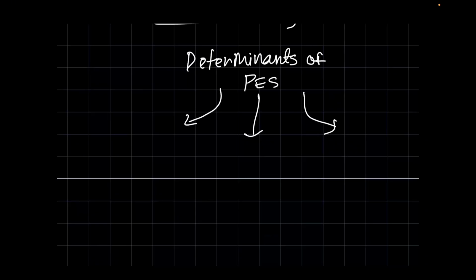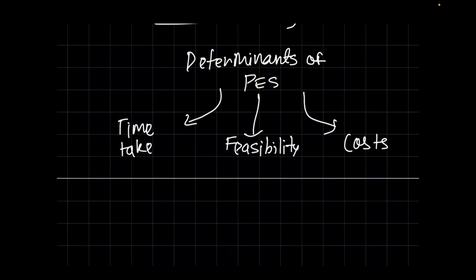You look at the time taken to produce the good. You look at the costs of producing the good. And you look at the feasibility to store the good. All this will determine whether or not changes in pricing could lead to the change in quantity supplied.